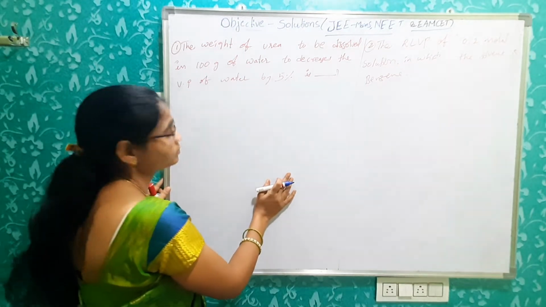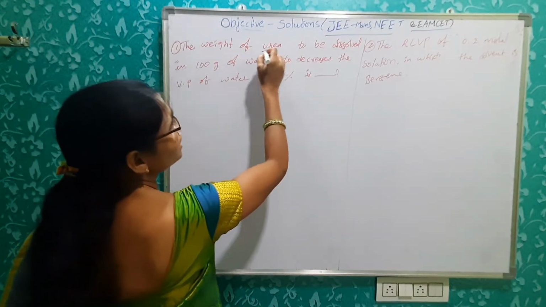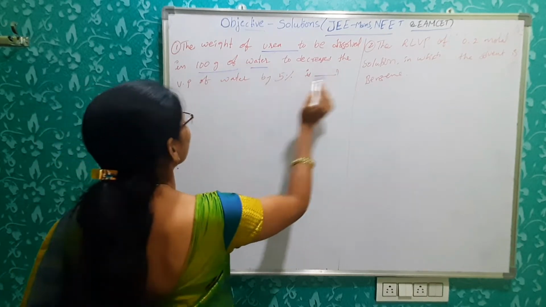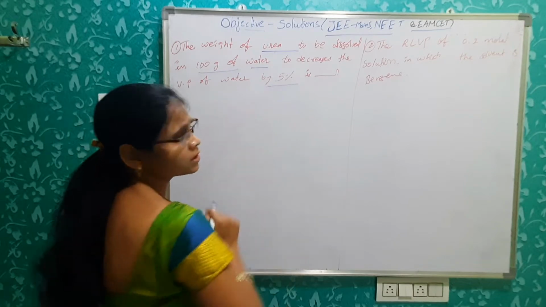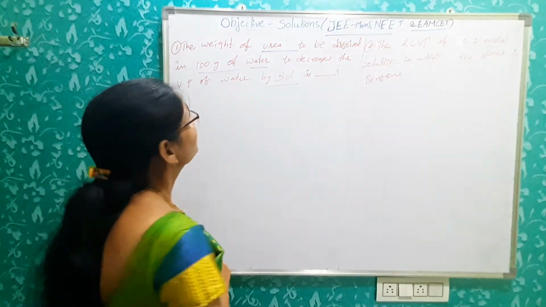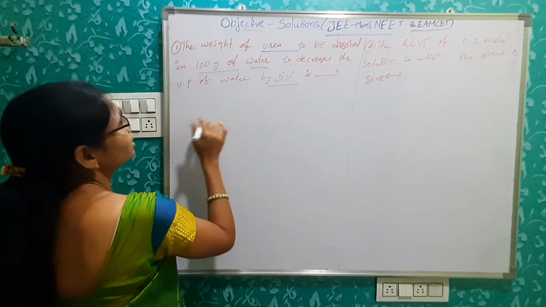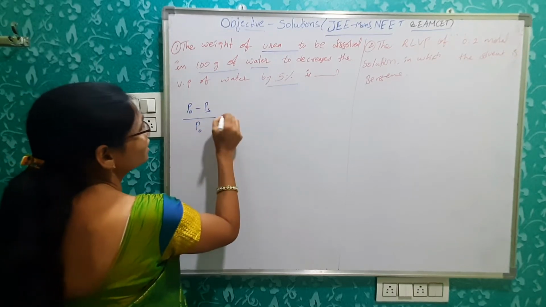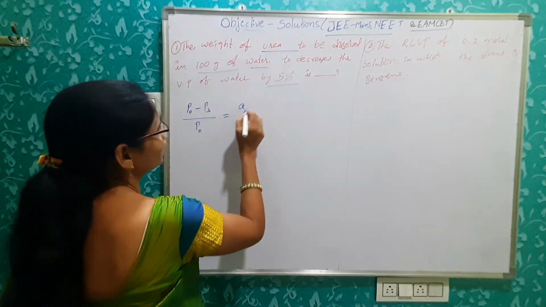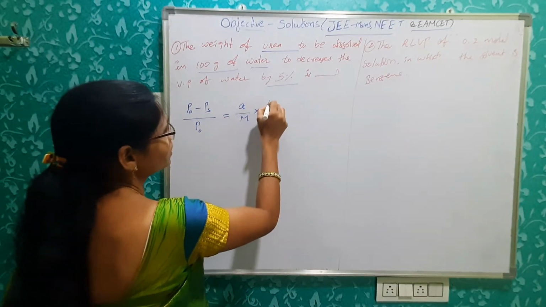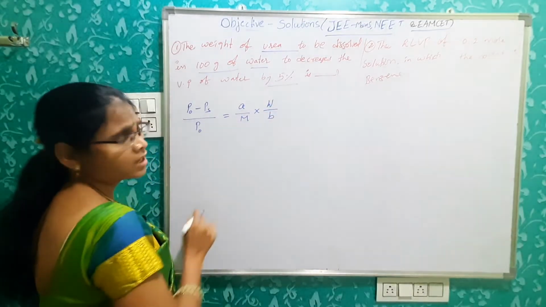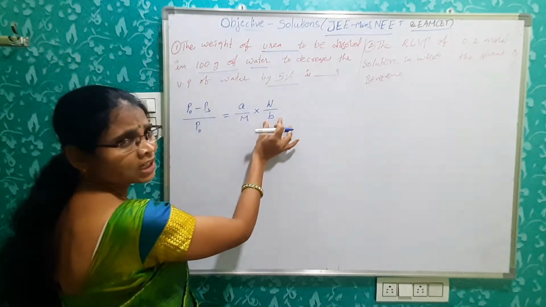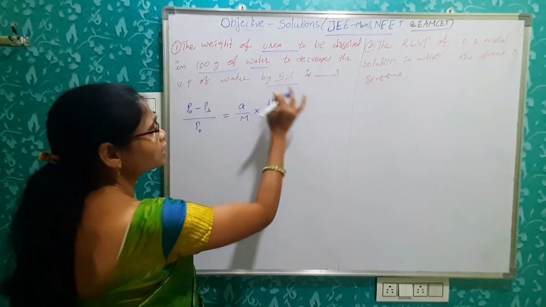First problem. The weight of urea to be dissolved in 100 grams of water to decrease the vapor pressure of water by 5%. Simply, the lowering of vapor pressure formula: P naught minus Ps by P naught is equal to A by M into W by B, weight of solute by gram molecular weight of solute, weight of solvent by gram molecular weight of solvent.